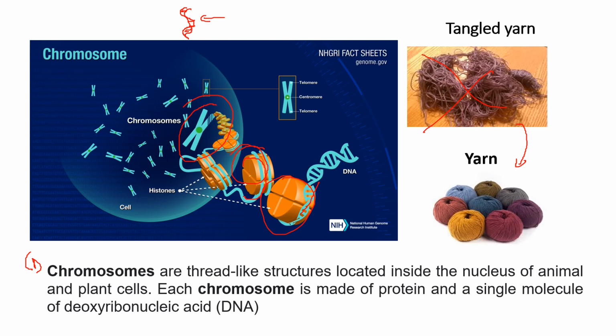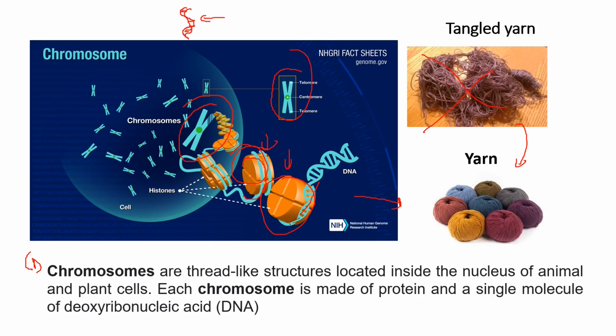To copy the DNA, and every time that your cells have to divide, they have to copy the DNA. So what they do is pack it in the right way, and the right way was using proteins, and the right way is in these structures called chromosomes.